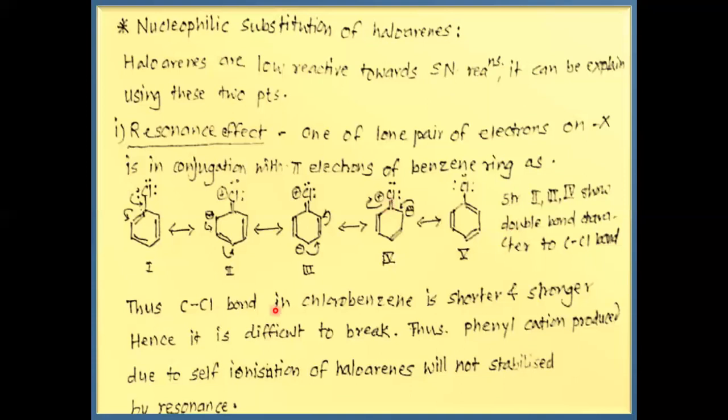So the CCl bond in chlorobenzene is shorter and stronger. Hence, it is difficult to break.